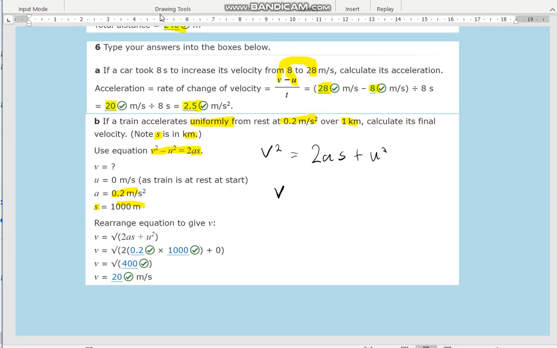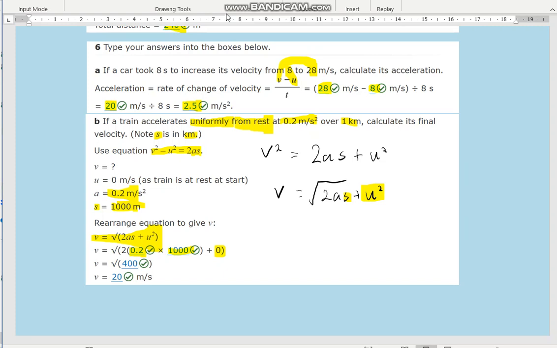So the square root of v squared is v, and then the square root of 2as plus u squared. v equals the square root of 2as plus u squared. So v equals the square root of 2 times acceleration, which was 0.2 up here, times 1,000, which was our distance, so that's our s, plus 0, because u, the initial velocity, is from rest, so the initial velocity is 0, and 0 squared is still just 0.